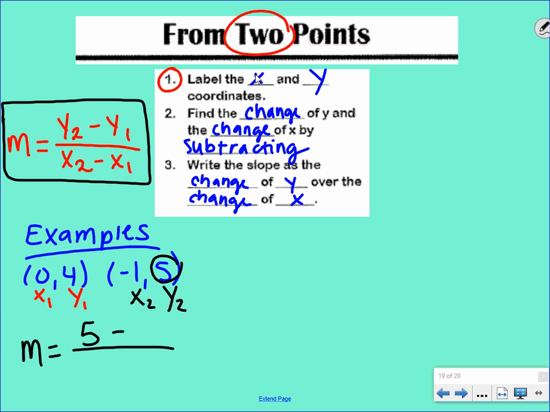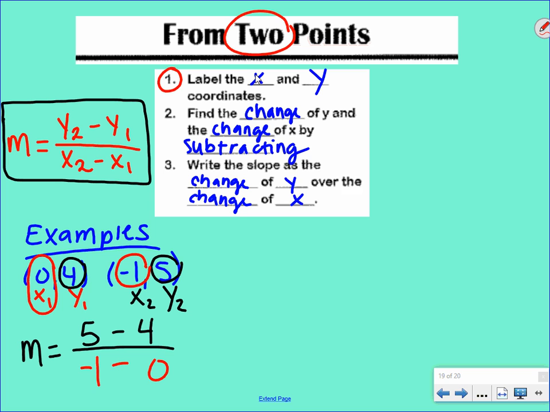So on the top of our fraction bar, we have 5 minus 4. Then on the bottom of our equation, we have x2 minus x1. So we take our x2 value, -1, minus our x1 value of 0, and that's on the bottom of our equation.